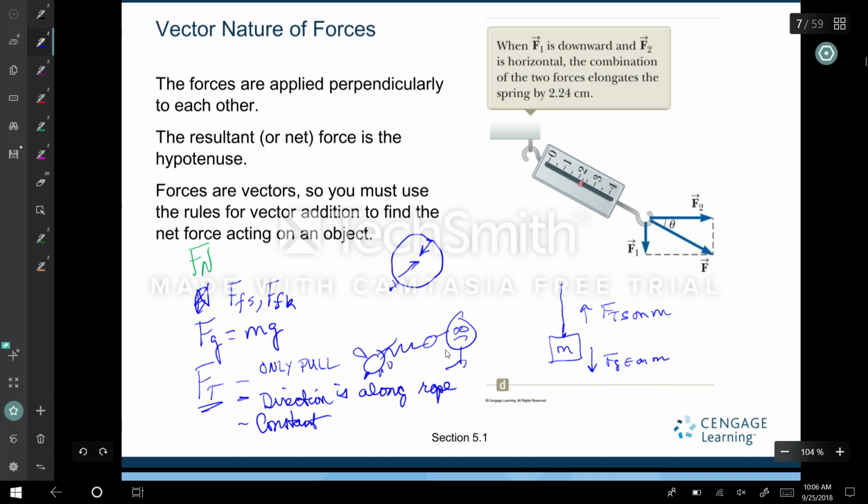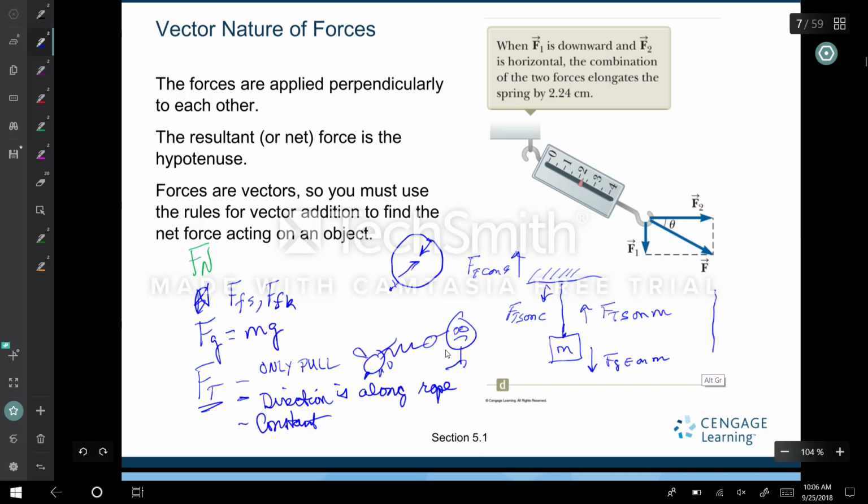And those add up to 0 because the object's remaining at rest. I assert that the force down on the ceiling from the string, which is equal and opposite to the force of tension of the ceiling on the string, is the same magnitude.